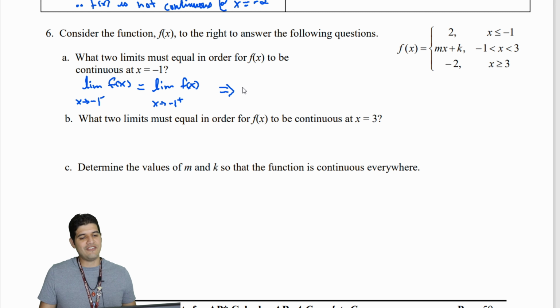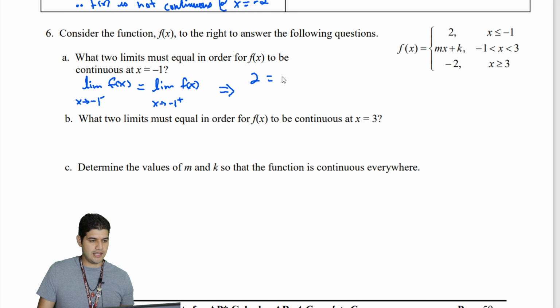So what does that say for us? Well, what does that mean? Let's actually write these equations out. So first, let's write out our left-hand equation. On the left side, I'm going to be getting 2, so 2 equals, and that's the limit from the left side, so that must equal the equation part in the middle.